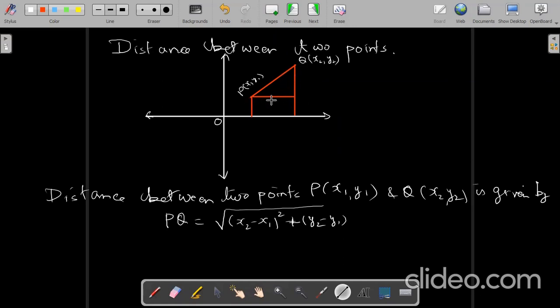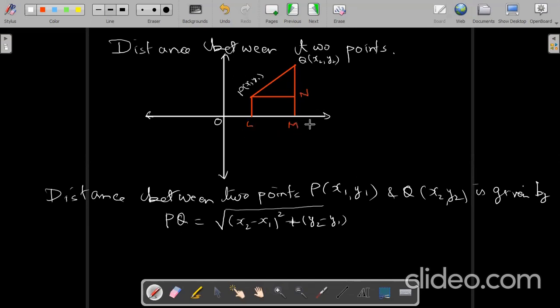So what will be the distance of this one and this one? Suppose this is L and this is M and this is N.